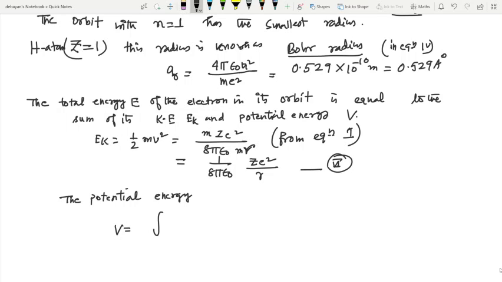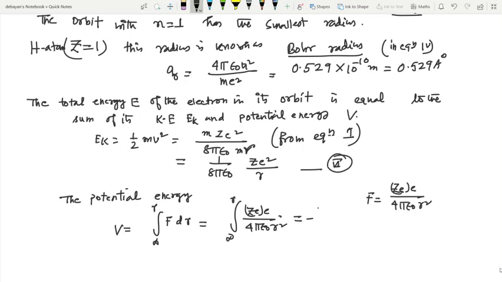And of course the force is Z e into e by 4 pi epsilon naught r square, that is the electrostatic force. If we put that value and integrate it, the result will be minus Z e square by 4 pi epsilon naught r, because the integral of 1 by r square is minus 1 by r, and we get the value.